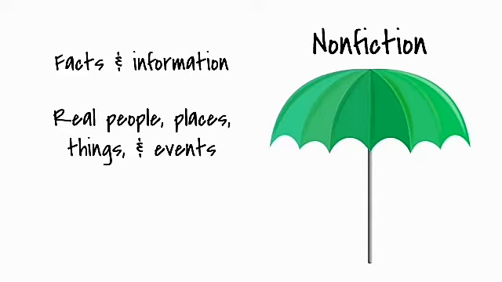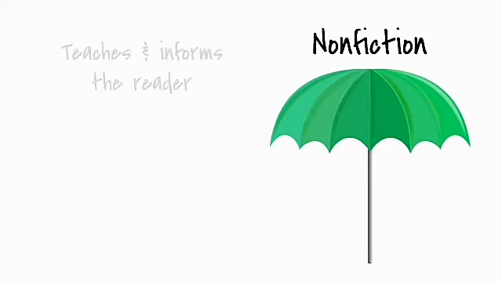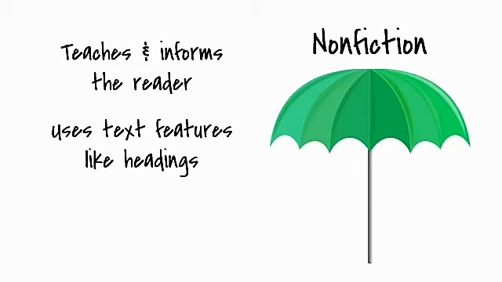Non-fiction books are filled with facts and information about a topic. They give true information about real people, places, things, or events. In a non-fiction book, everything must be completely true and not made up. Authors write non-fiction books to teach the reader about a topic. They organize the information with text features like headings and charts.